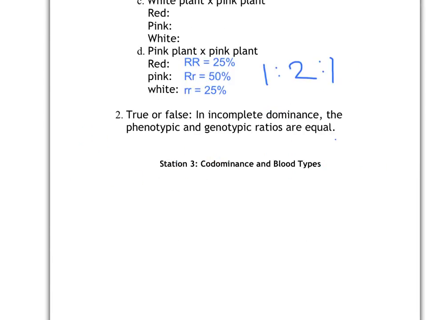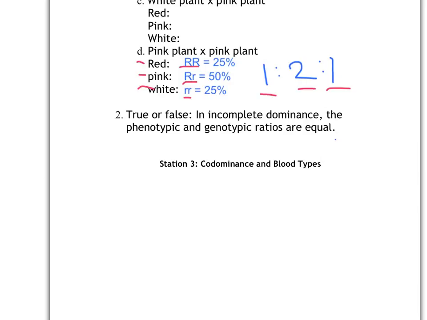And last question about incomplete dominance. In incomplete dominance, the phenotypic and genotypic ratios are equal. So looking at our 4 o'clock plants, the genotypic ratio, looking at the alleles, is 1 to 2 to 1. And the phenotypic ratio, looking at what the trait actually is, like the physical characteristic, which is white, pink, and red, is also 1 to 2 to 1.